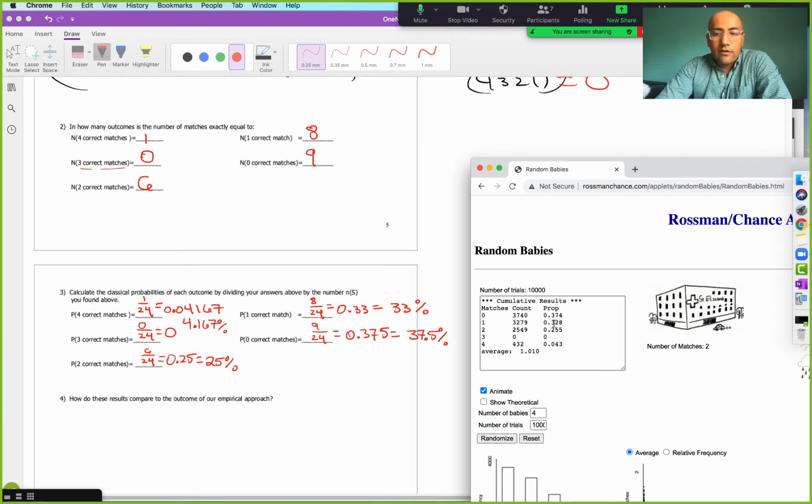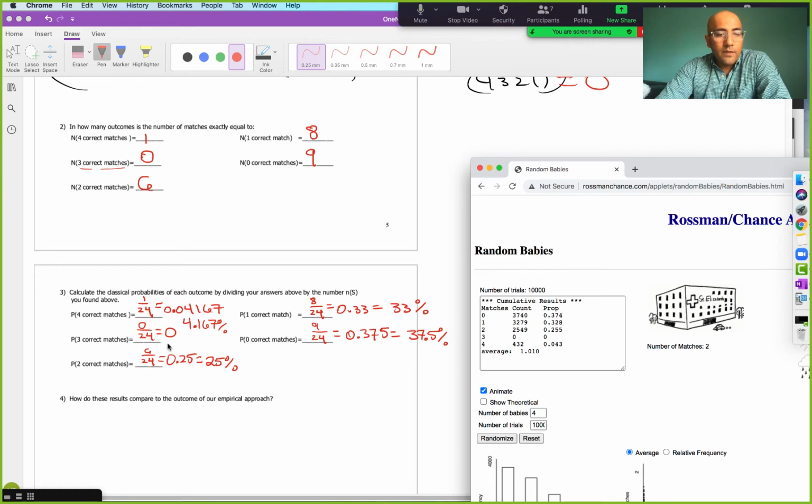So we got about a 37.4% chance, and the actual answer was 37.5. Really close. For 1 match, the empirical probability resulted in 0.328 when the answer was actually 0.3333. Again, really close, but not exact.